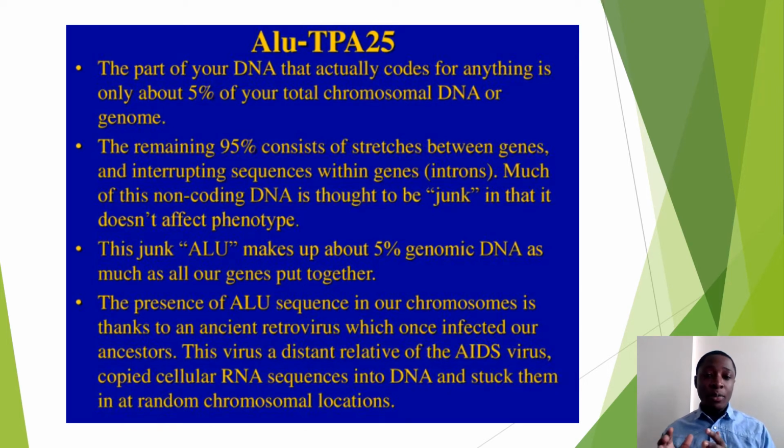ALU makes up about 5% of this junk DNA, and the history of ALU is that it is actually a retrovirus, so it's related to the AIDS virus, and it affected our ancestors millions of years ago, and it has been passed on from generation to generation. What this virus did was copy DNA sequences and randomly place them everywhere in our DNA sequence.